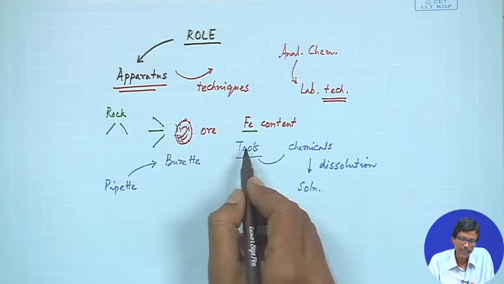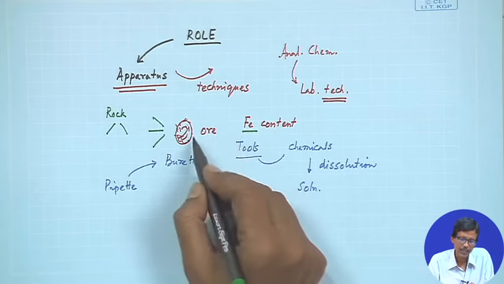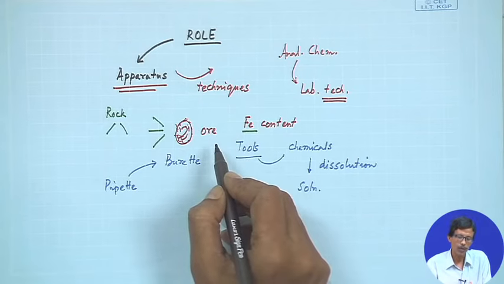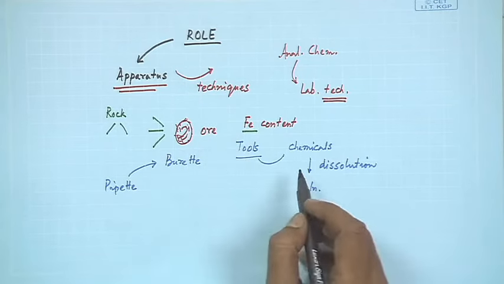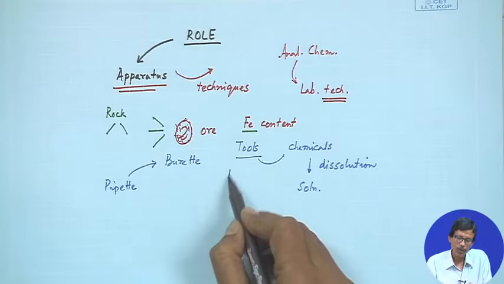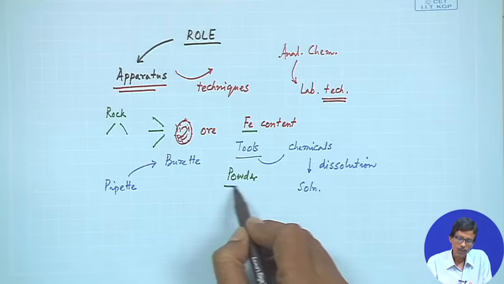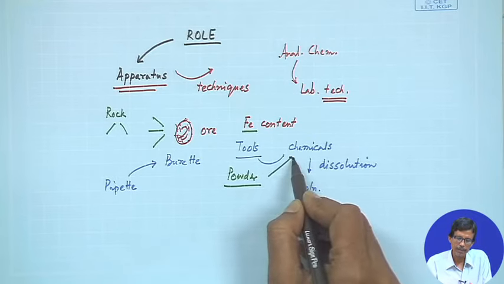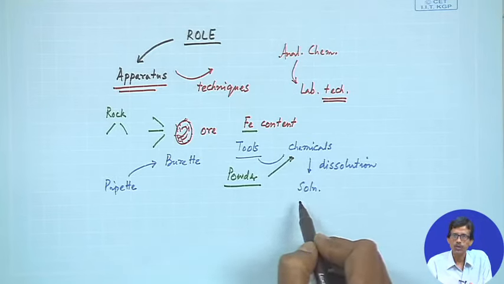The physical characteristics of these ores are also important, where we can reduce the size of the solid sample to a powder form. The useful form for the treatment with different chemicals for its dissolution is also dependent on this, because if you have a big piece of ore, we cannot put it inside some mineral acid such that it can be solubilized.